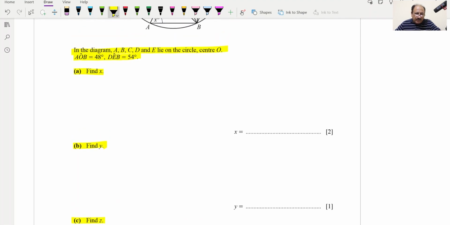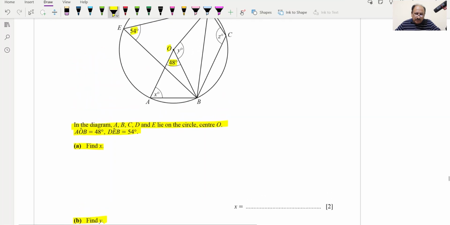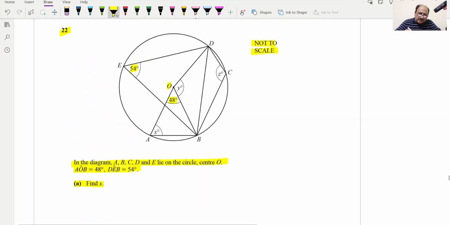So for X, we can consider this triangle, which has OA and OB as radii of the circle. We know that the radii of a circle are equal, so this side is equal to this side, which means the opposite angles will be equal.